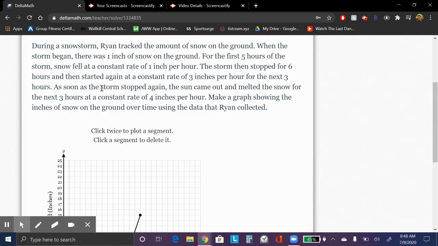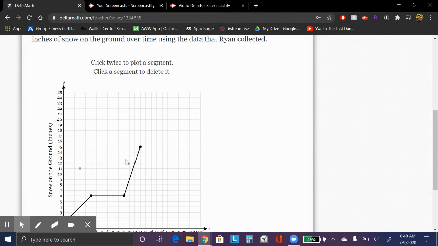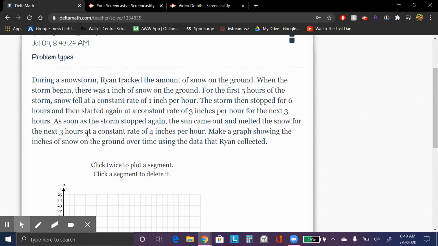As soon as the storm stopped again, the sun came out and melted the snow for the next 3 hours at a constant rate of 4 inches per hour. So that means the snow melted, so the snow on the ground is going to go down, right?